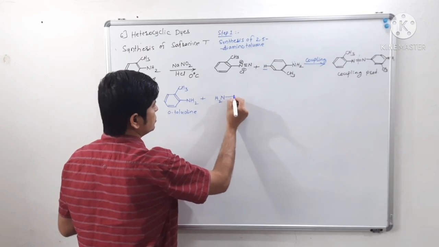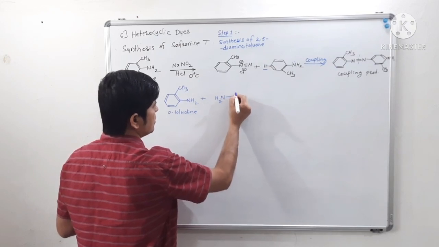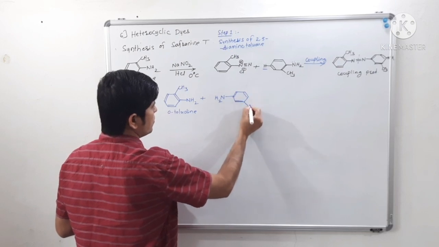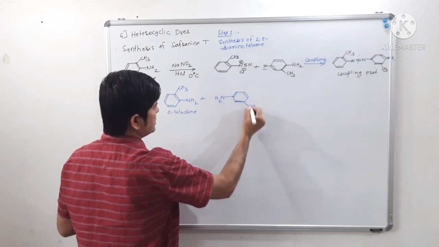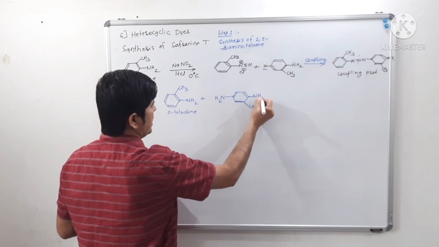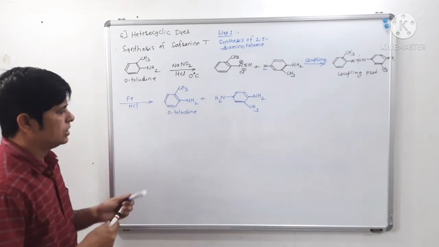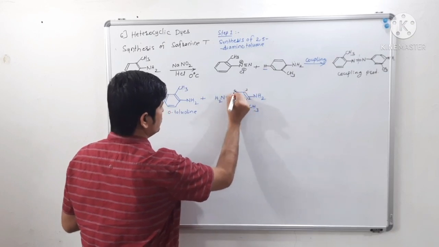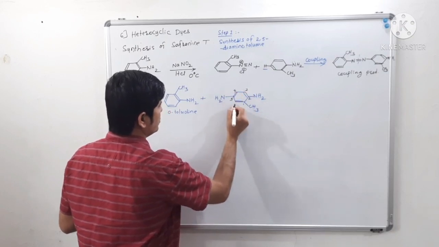NH2, this is CH3, and this is amino. So it is 1, 2, 3, 4, 5, 6.